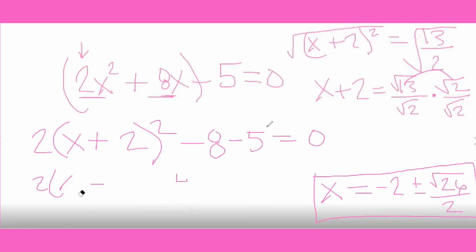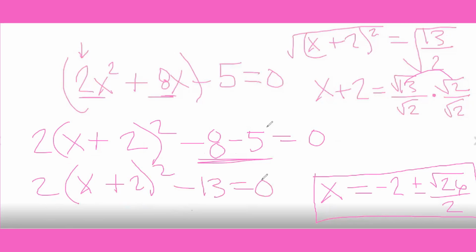That would mean then our vertex form is 2 on the outside, x plus 2 squared, and these two would become minus 13. So that means our h, x minus h squared, this is our standard vertex form.